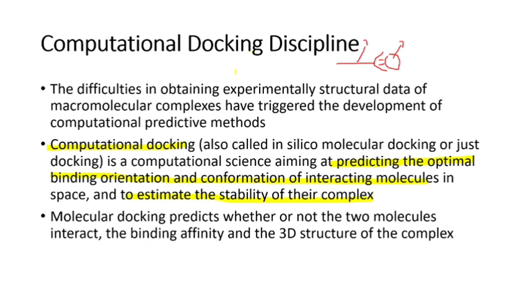We are checking using what type of bonding these two molecules, the receptor and ligand, are interacting, in which orientation or conformation, how they are interacting in the 3D space, and how stable their interaction is. So, all these are the main factors involved in molecular docking.